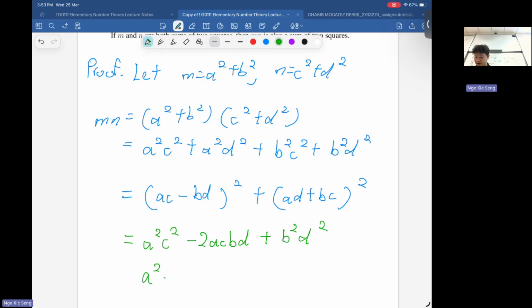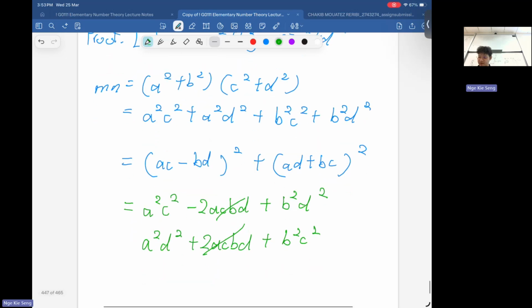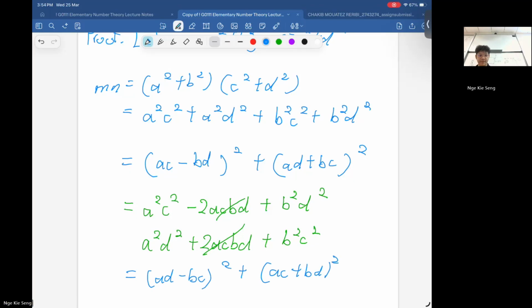And then A square D square plus 2ACBD, plus B square C square. Yeah, good. Or you can put the sign in different places. You can do AD minus BC square plus AC plus BD square.